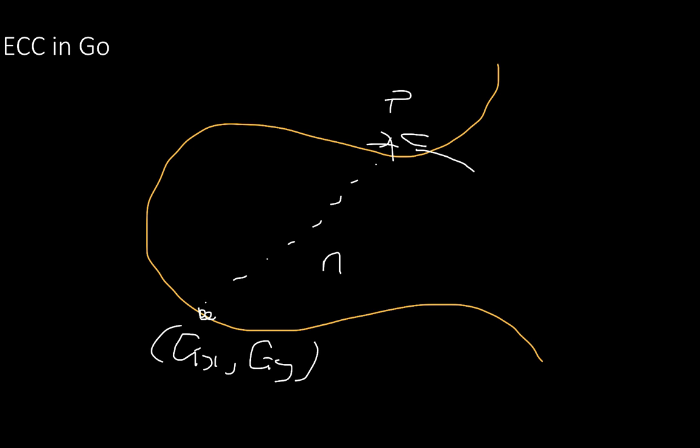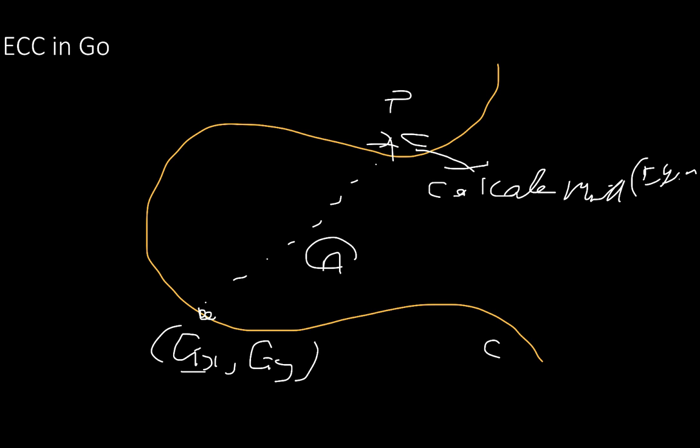So we do a method, if this is a curve C, we do curve dot scalar multiply, and we take the X point and the Y point, and we take the n value, and this method will return this.